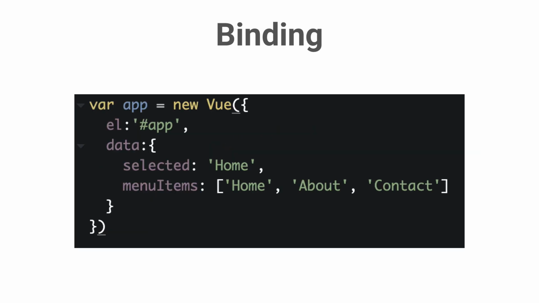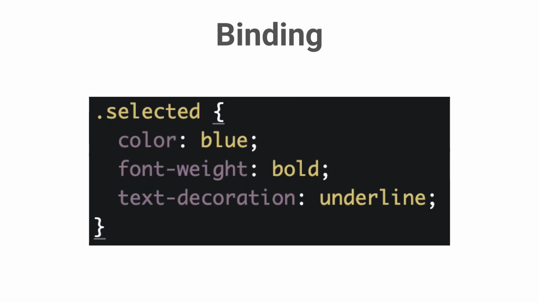To achieve this, we use an array of menu items and the selected item in the data model. The selected value will be set by default to be home. When a user clicks on an item, the value will change to reflect the item that was clicked. The last thing we need to do for this example is our style.